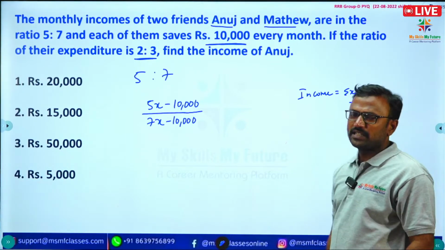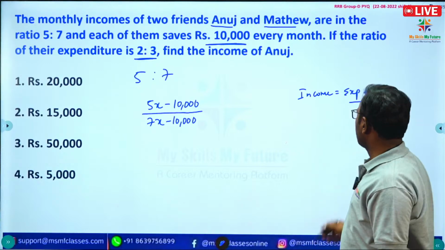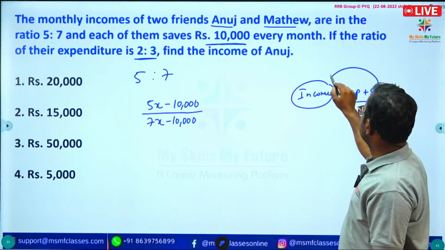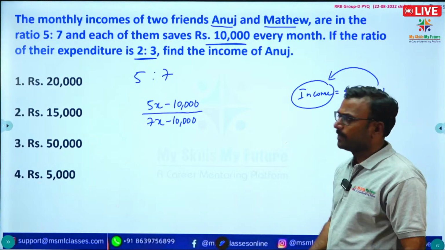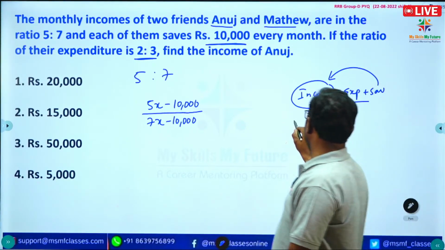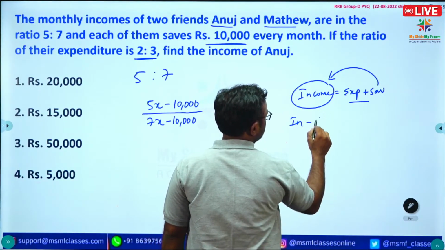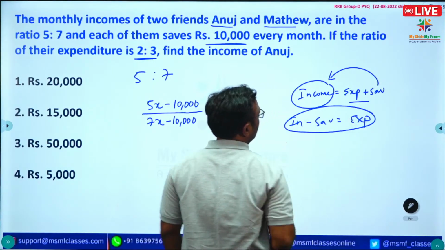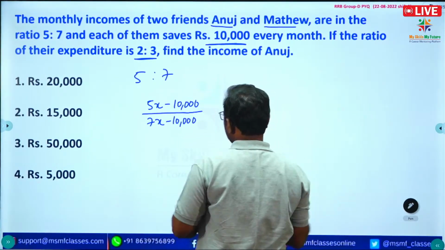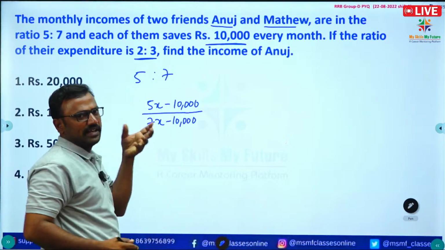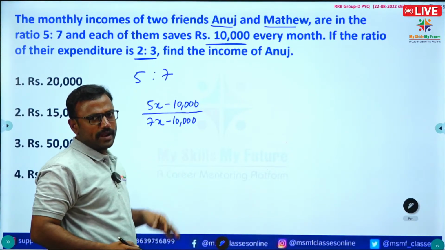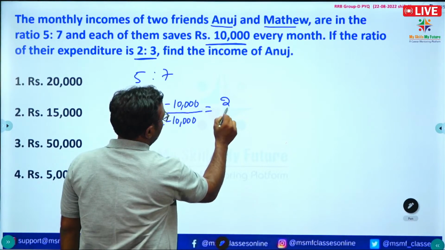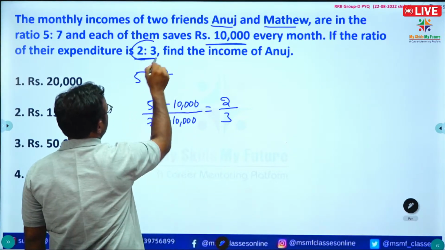So if we subtract the savings from the income, we get the expenditure. So 5x and 7x are the incomes of Anu and Matthew. Subtracting the savings, we get the expenditure ratio, which they already gave in the question.